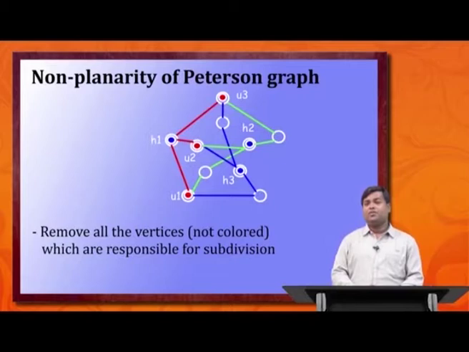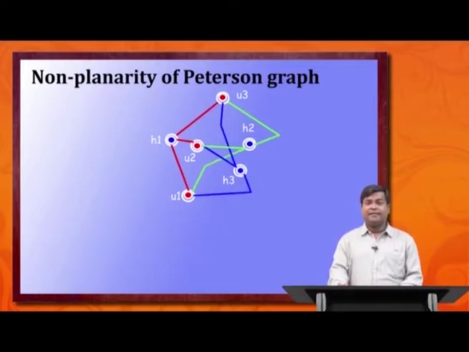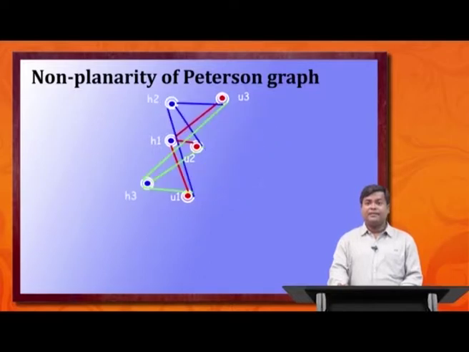As we have already shown, we can always delete them. If we delete those subdivision vertices, then it will never add any new edge crossing. So we will delete them one after another. We are deleting it, connecting them and redrawing it. Finally we get that K33 graph.